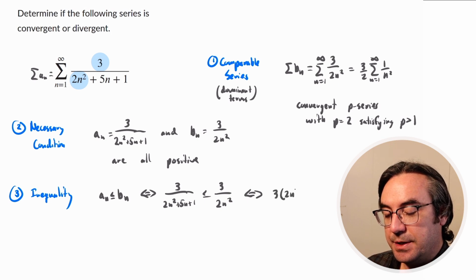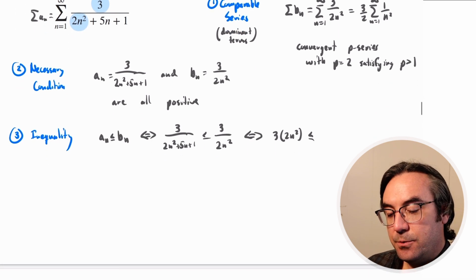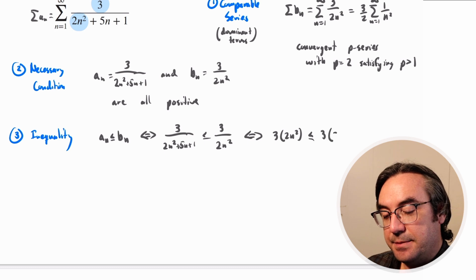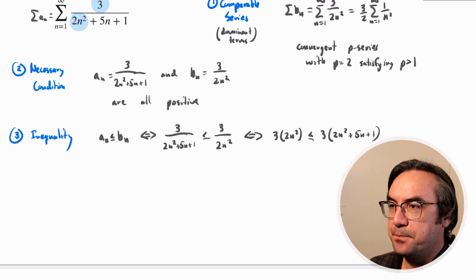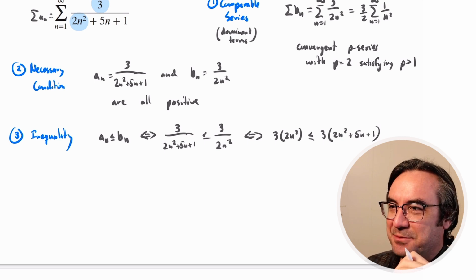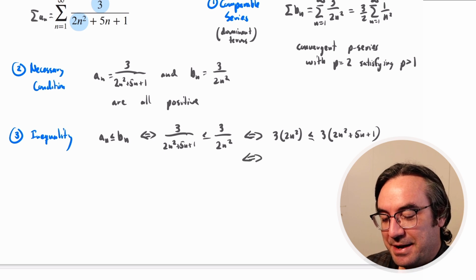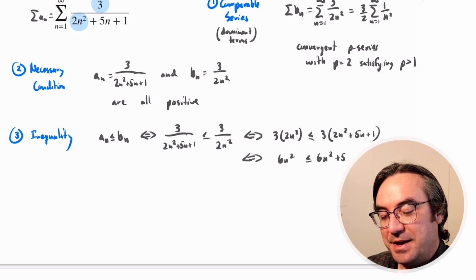Well, we get 3 times 2n squared on the left, and on the right-hand side, we get 3 times 2n squared plus 5n plus 1. And maybe I should have multiplied that out. Let's multiply it out now. So we get 6n squared less than or equal to 6n squared plus 15n plus 3, if we distribute the 3.